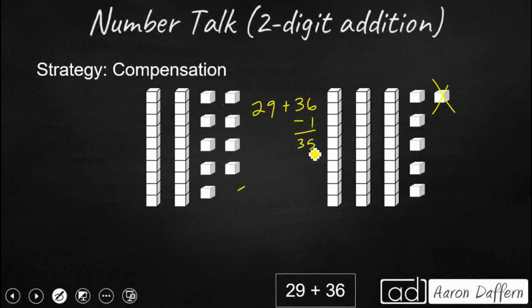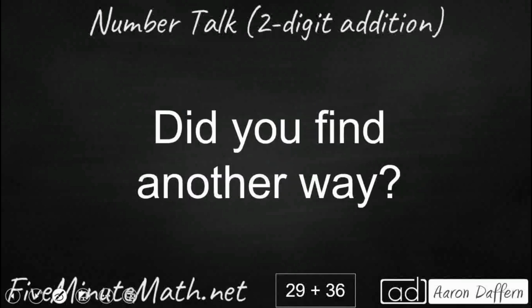So my 36 turns into 35. I'm going to add it over here, and I'm going to change my 29 up to 30. So I have a balanced expression because I took 1 away, but I added it to the other addend. And look at that, 30 plus 35, 65. Super easy. So those are all the ways that I can think of to add 29 plus 36.